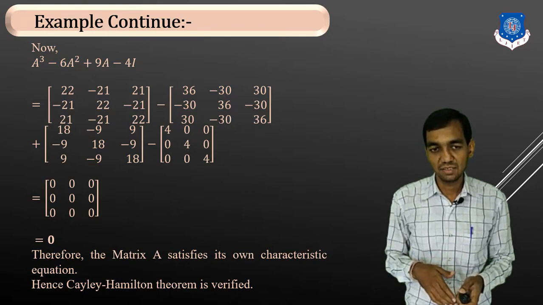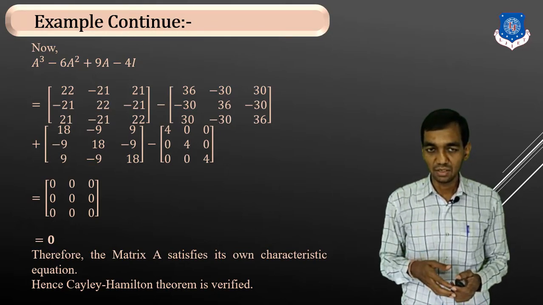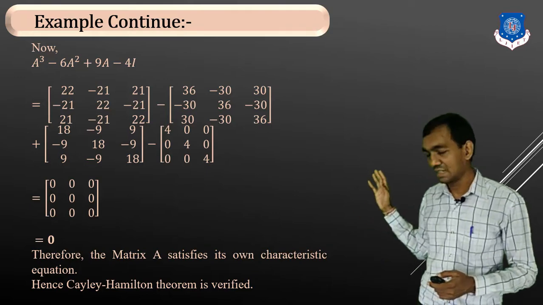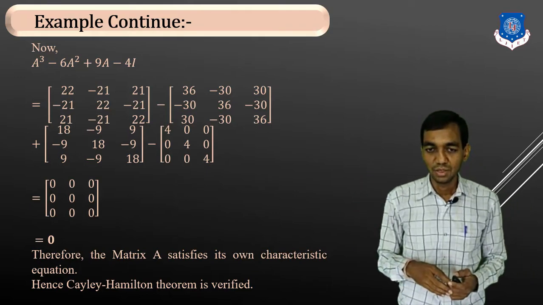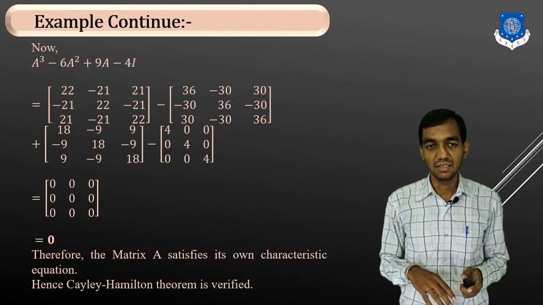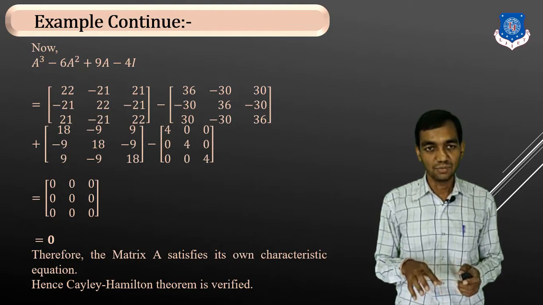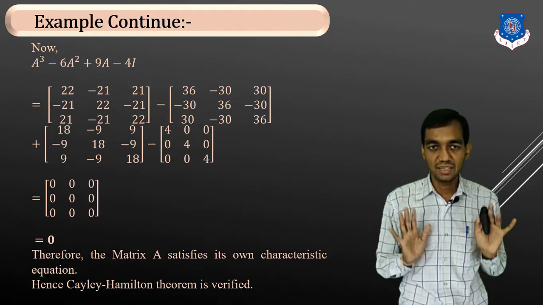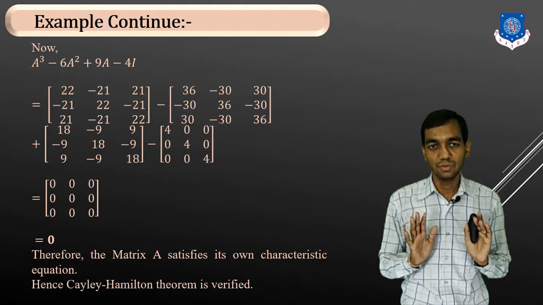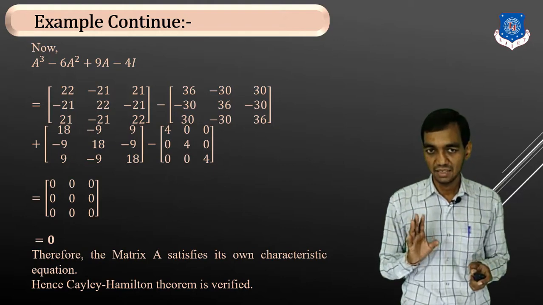So the Cayley-Hamilton theorem is verified, because this characteristic equation is equal to 0. That means the condition of Cayley-Hamilton is satisfied, and that's why this matrix satisfies the Cayley-Hamilton theorem. Each and every matrix satisfies its characteristic equation.